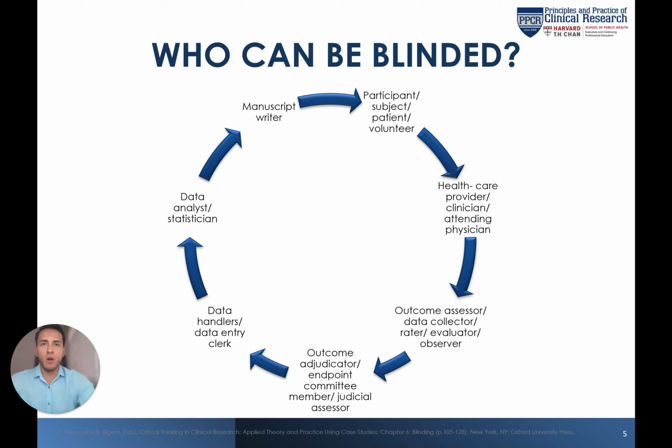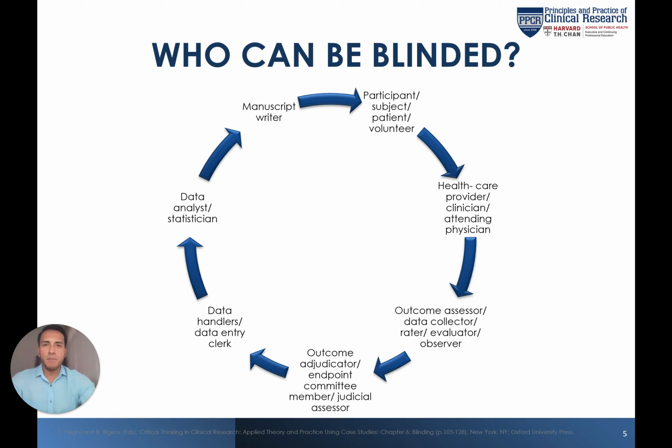Now, let's move on to our second issue, which is who can be blinded. So, when we conduct a clinical trial, there are a lot of people who are involved in designing, conducting, and analyzing the clinical trial. And so, everyone involved in the clinical trial may have some preconceived ideas about the product or treatment being studied. So, for instance, the principal investigator of the trial may believe the experimental treatment is effective.